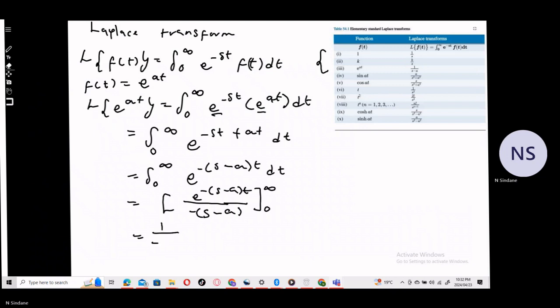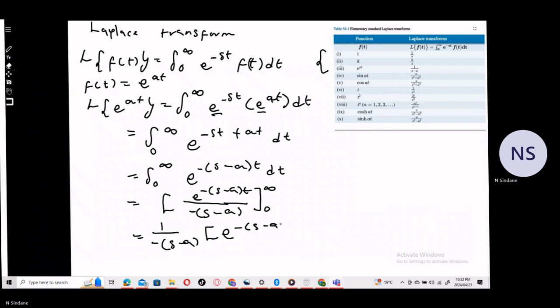Then I don't like dealing with fractions, which is 1 over negative s minus a, into e to the power minus s minus a t from 0 to infinity.